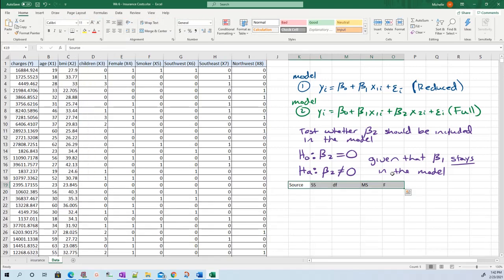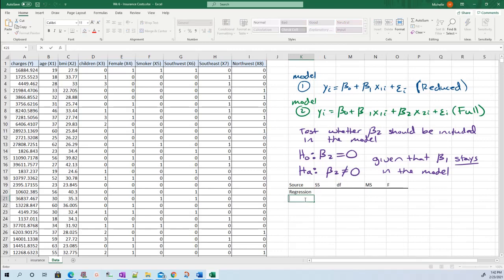Starting with your source, I'm going to need sums of squares regression for different models. The first sum of squares regression that I'm going to need is beta 1 and beta 2, basically the full model. So beta 1 and beta 2 are in this model.